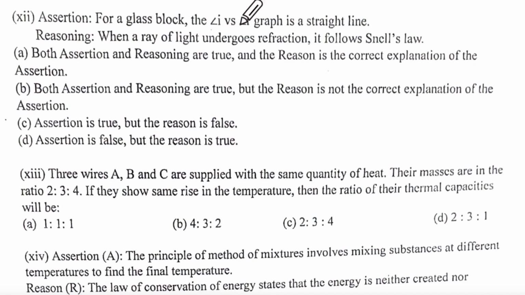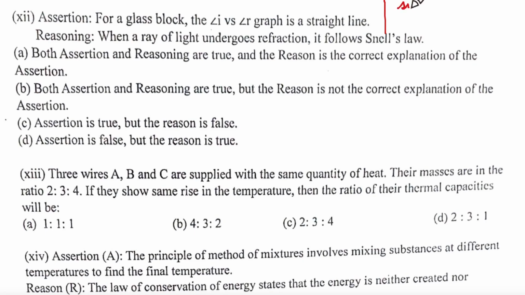Glass block, the I and R graph is a straight line. Is it true? What does it mean? That I and R are directly proportional. Nowhere in the book is it given that I will be directly proportional to R. But what do I know? Now see, this one is a thinking type.